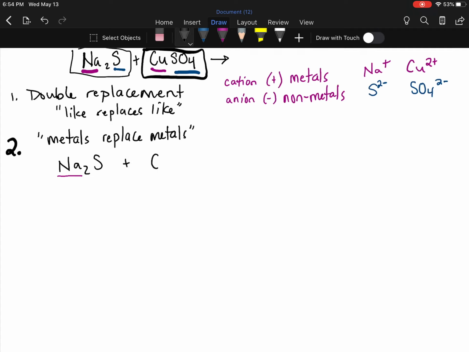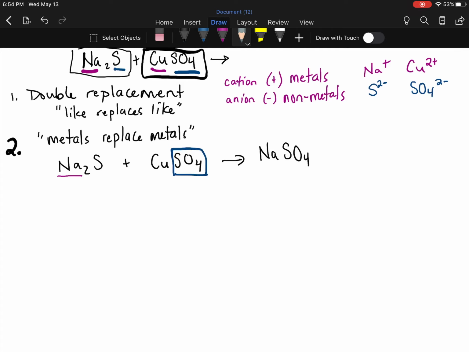Pair the cation of the first reactant with the anion of the second reactant. So let me write out cation of the first reactant with the anion of the second reactant. Remember, we have to do the crisscross method.